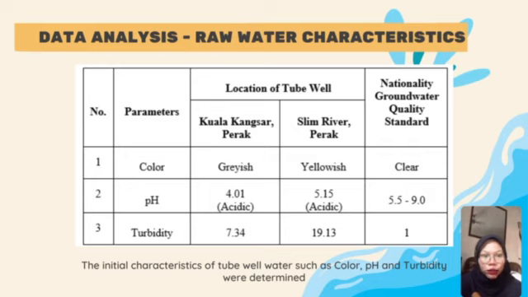Pada location kedua, Slim River Perak, color dia yellowish, pH dia 5.15 acidic dan turbidity dia 19.13. Kita nak comparekan ni dengan standard groundwater quality. Kita nak jadikan warna dia clear dan mendapatkan pH 5.5 sehingga 9 dan turbidity 1.